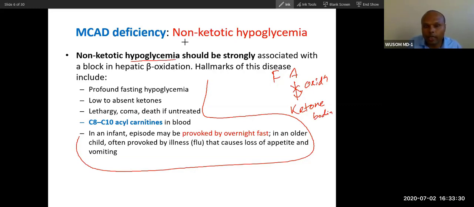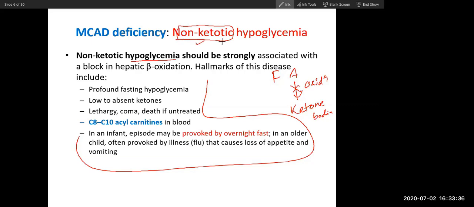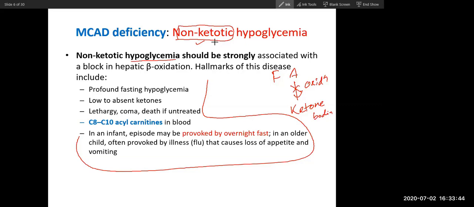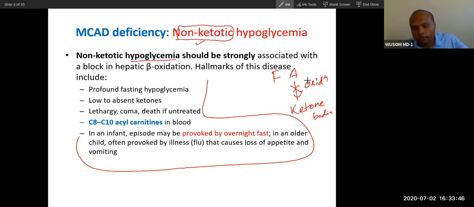Did you all understand why there is no ketone body or low ketone body? Yes, because ketone body is derived from oxidation of fatty acid, from acetyl coenzyme A. Now, why hypoglycemia?